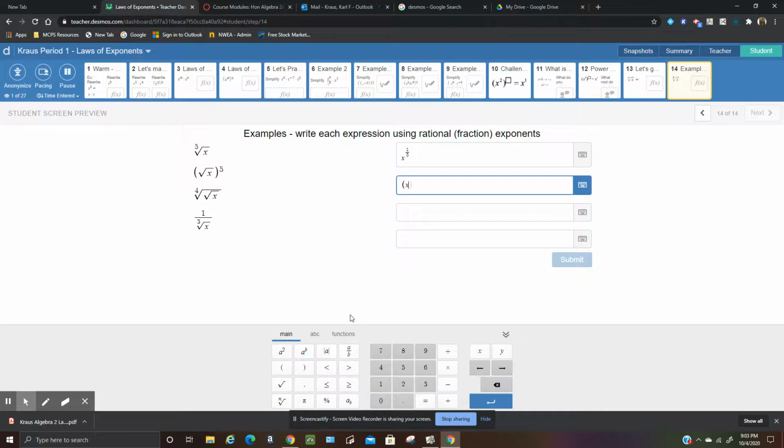X exponent 1/2. The 5th power is equal to x to 5/2.